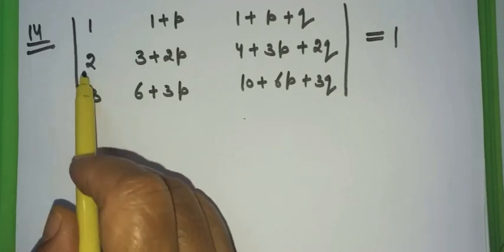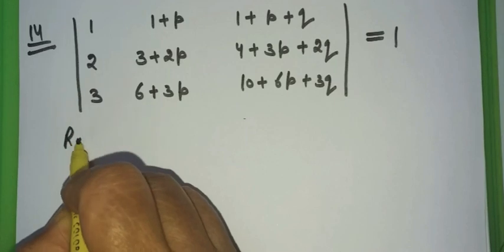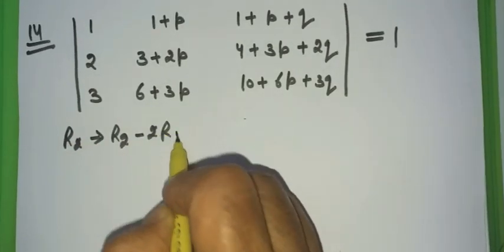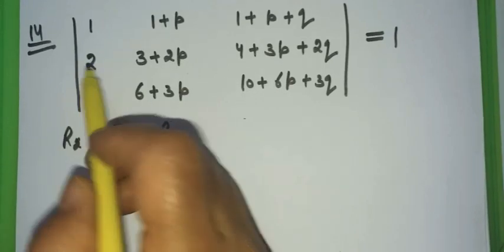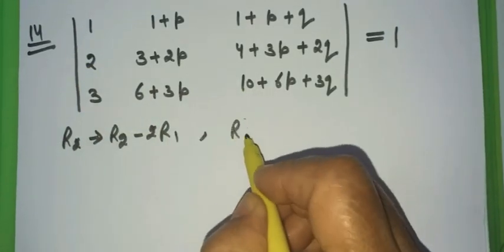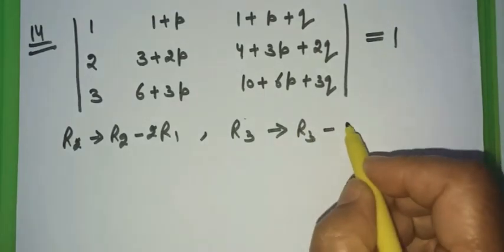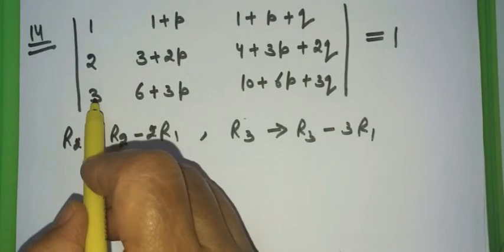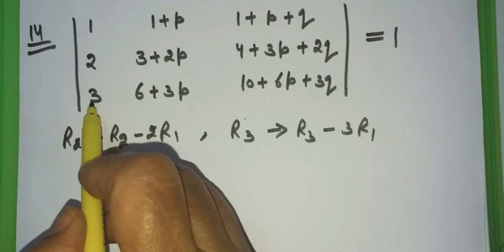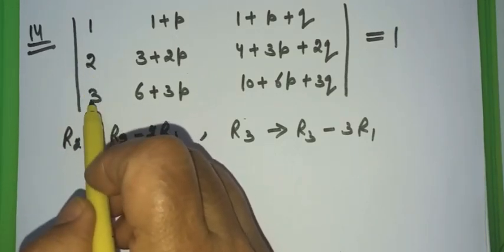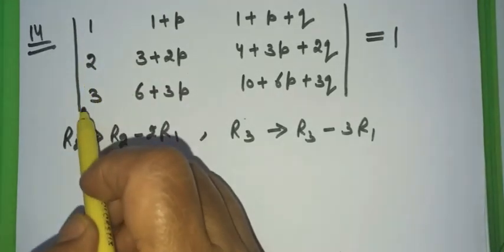I very well know that if I apply the operation R2 goes to R2 minus 2R1, then this element will become 0, and side by side I also apply the operation R3 goes to R3 minus 3R1, then I know this element 3 will also become 0, and likewise two elements of the first column will become 0, and then we shall expand along the first column.